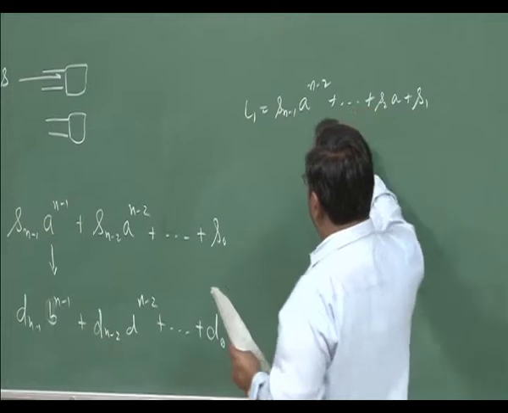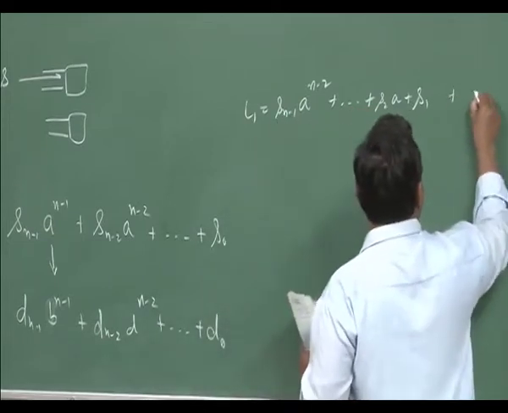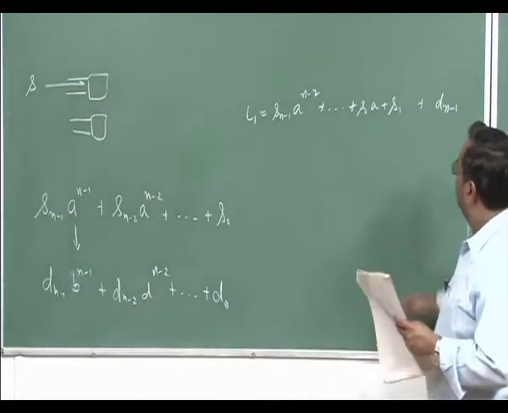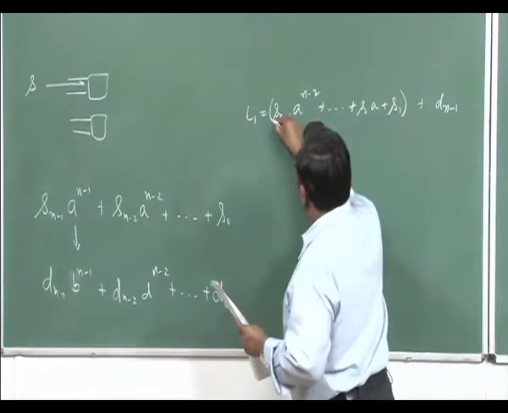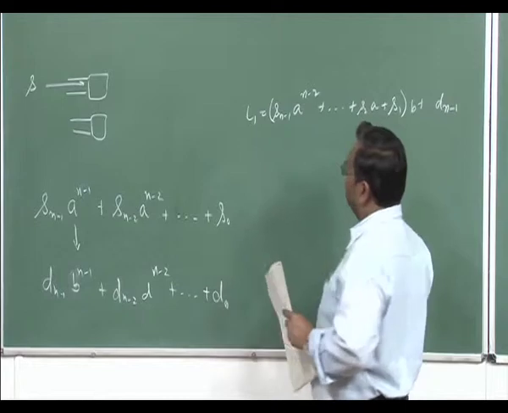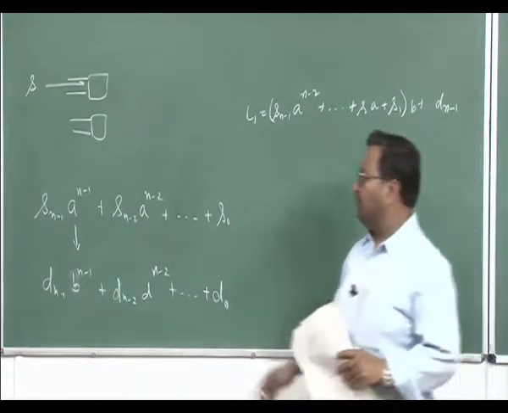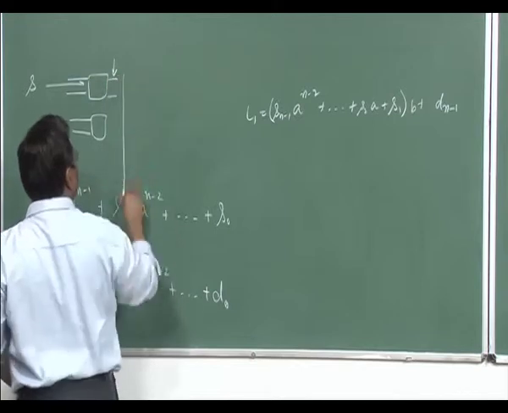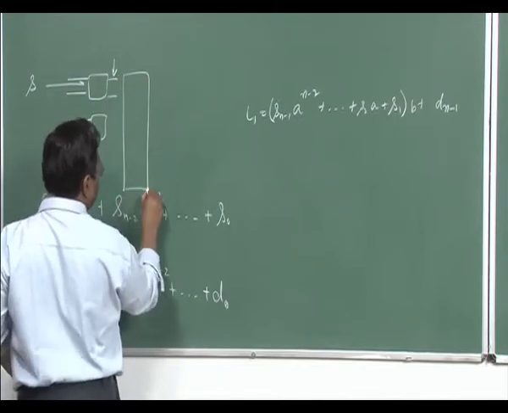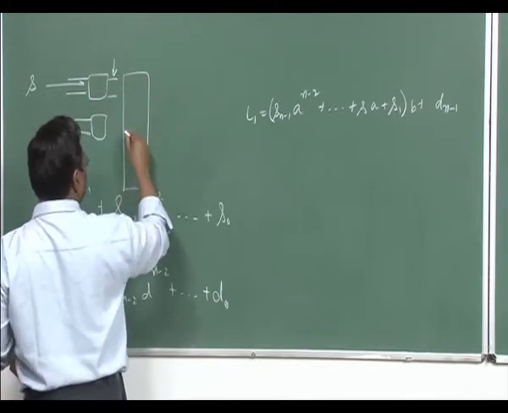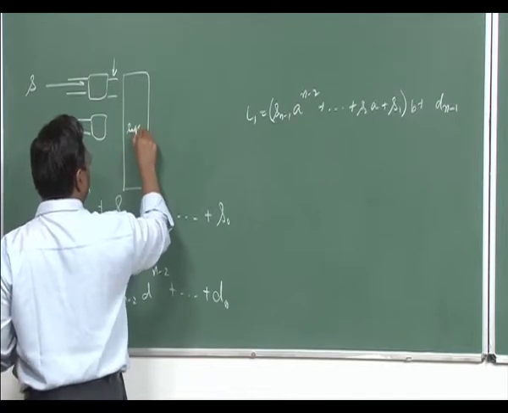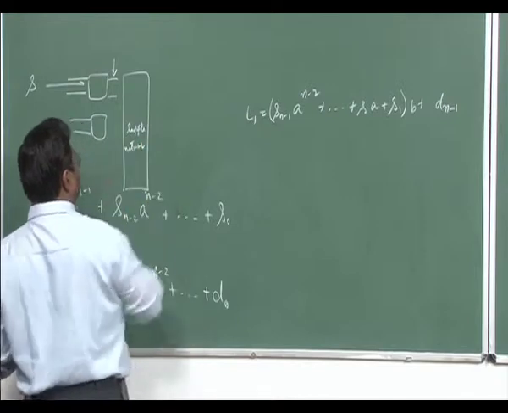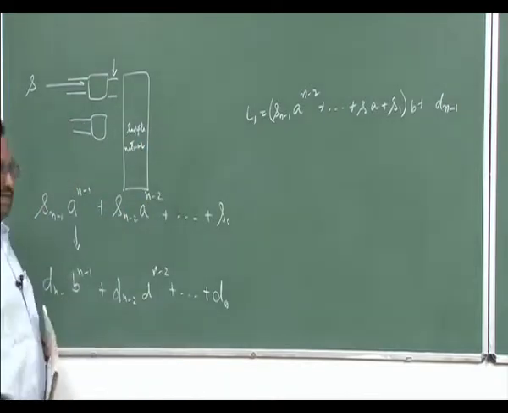So this is nothing but the floor function part, plus Dn minus 1, and this has to be multiplied by B. That was L1, just before this point. Now you have the shuffle network, the shuffle interconnect basically, and this is a shuffle.